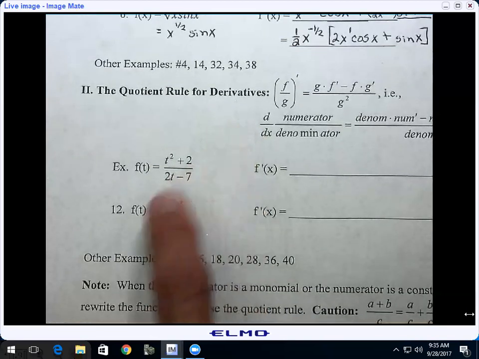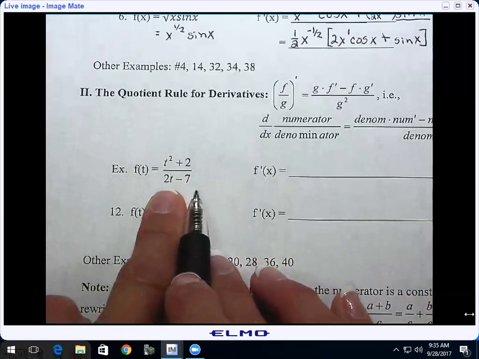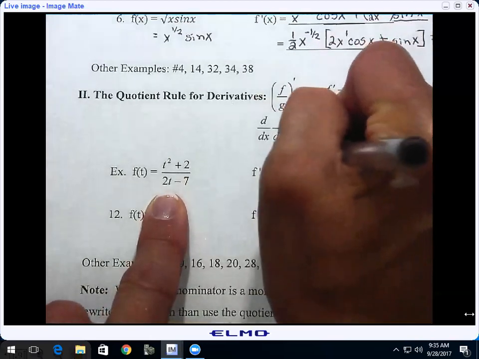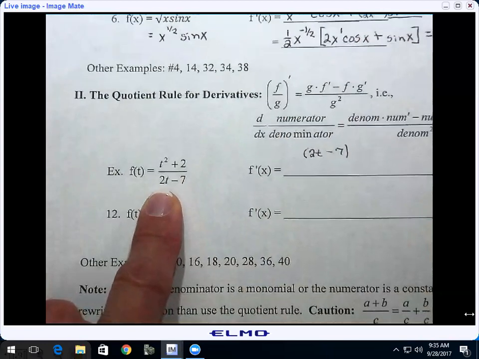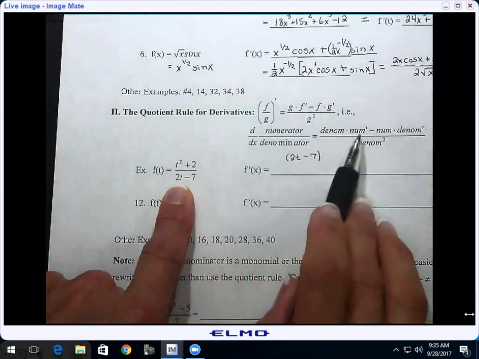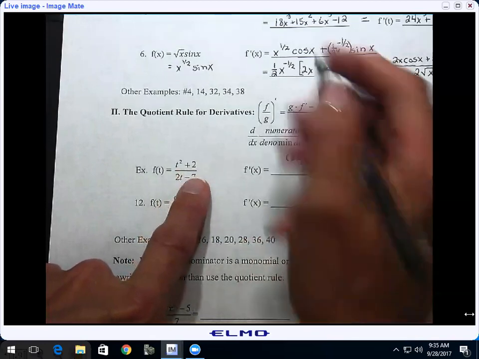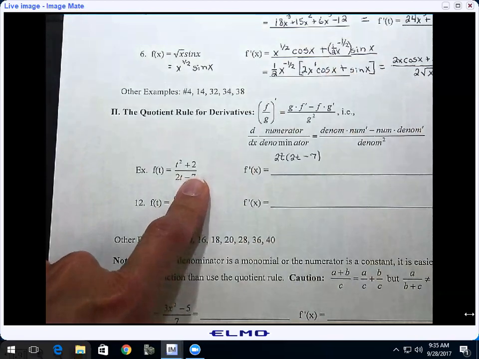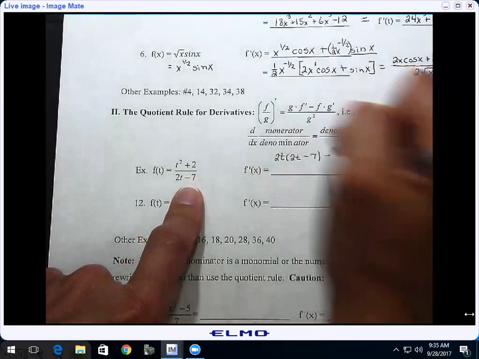So help me talk myself through this. I start with what? These words right here. I start with the denominator. Leave the numerator alone. Start with the denominator, then what? Derivative of the numerator is 2t. I like it out front because that's where I like my monomials. Denominator, derivative of the numerator. Minus what?